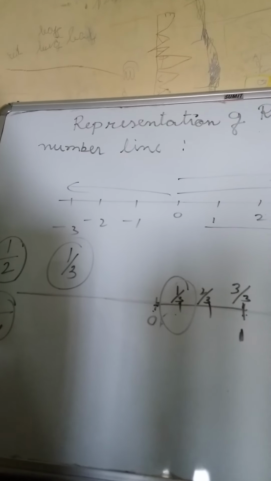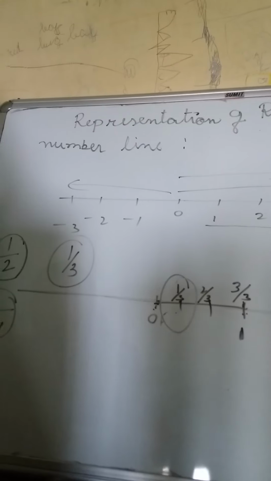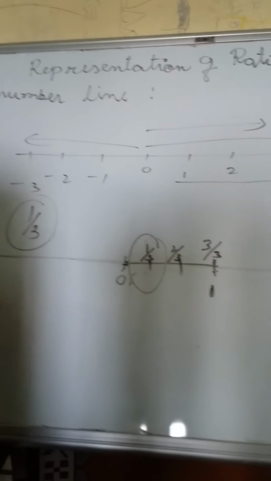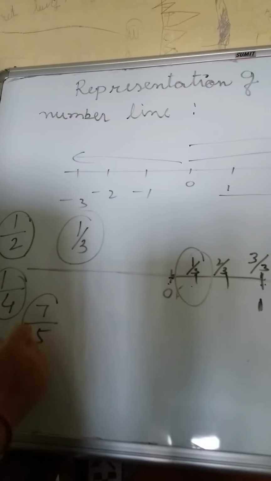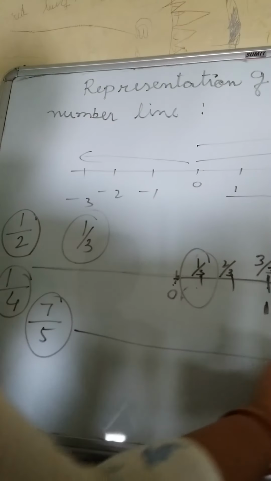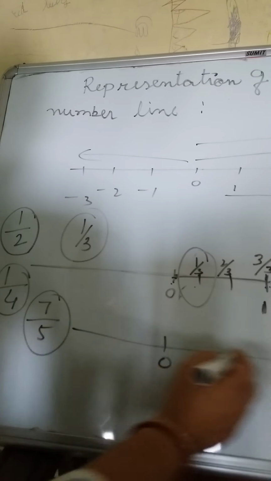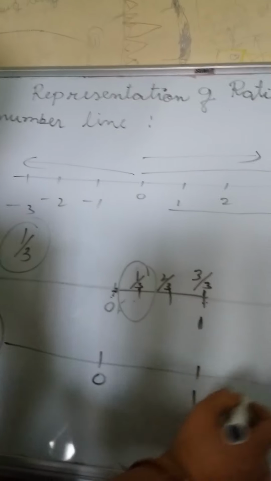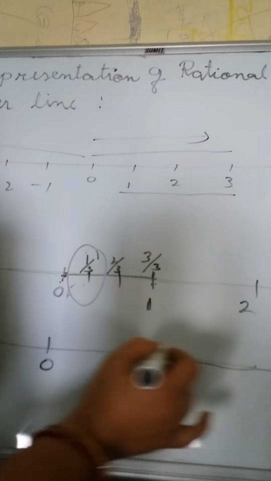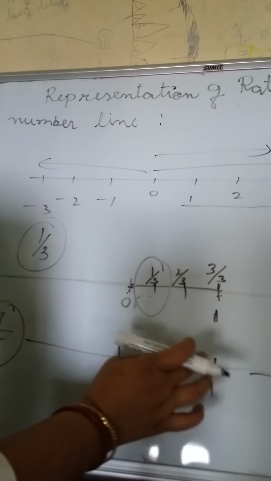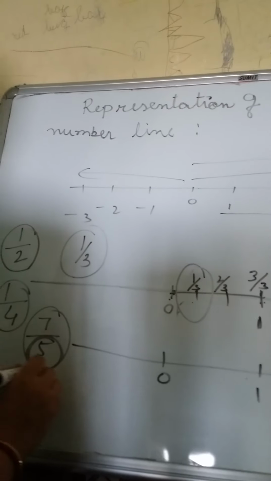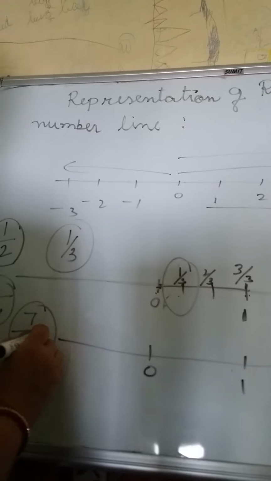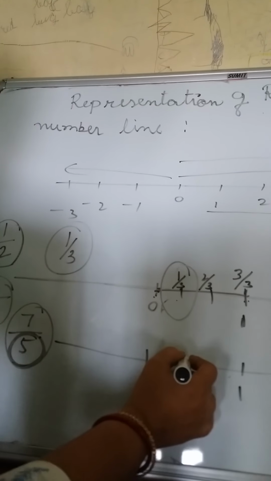Now, if I ask you where this 7 by 5 is located, so now you have understood that between 0 and 1, each part has to be divided in 5 equal parts. How many equal parts? 5 equal parts. So let's divide.